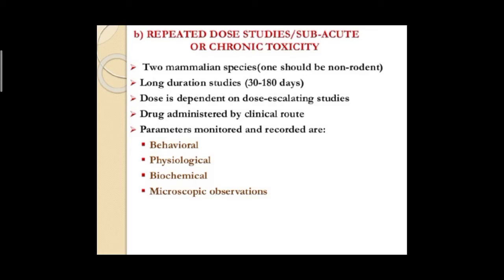So the duration of this particular study is 30 to 180 days. So as I told, 1 to 2 months or 1 to 3 months depending upon the research. Okay, they will take one rodent and one non-rodent species for this particular study.